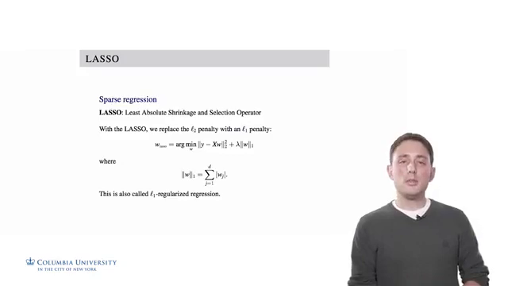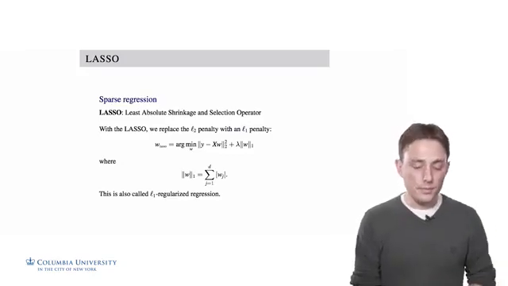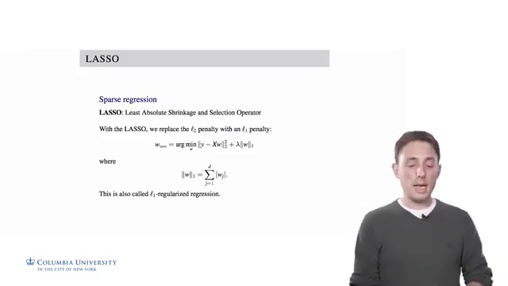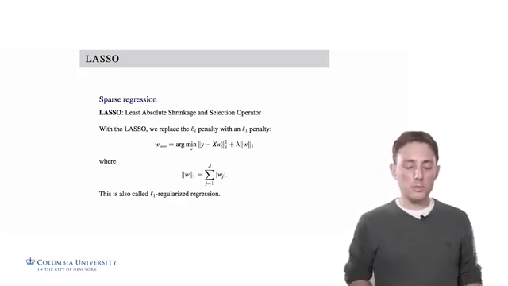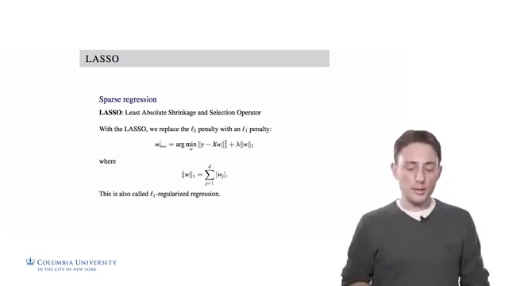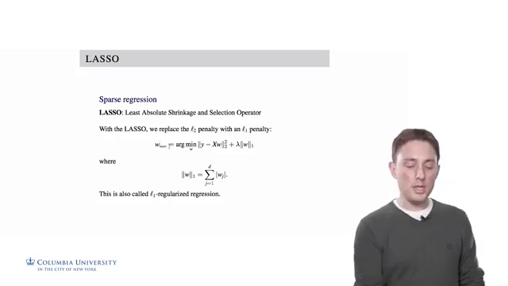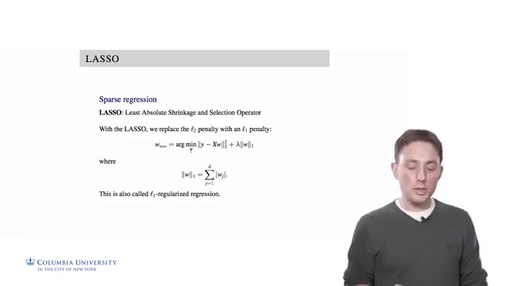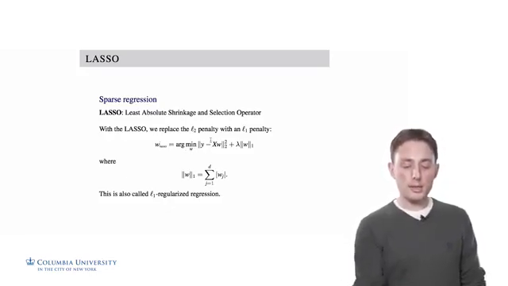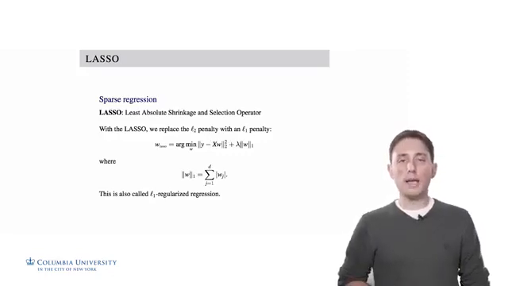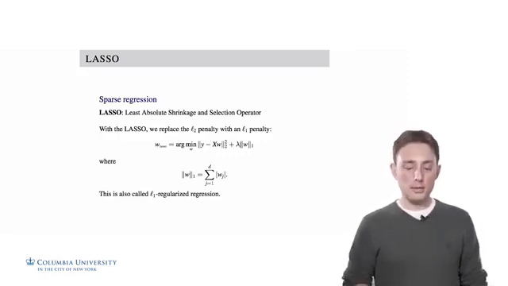Okay, so this leads us to something called the Lasso, which is short for the least absolute shrinkage and selection operator. So the Lasso takes the L2 penalty from ridge regression and replaces it with an L1 penalty. So in terms of optimization, what we're trying to do is find the vector W that minimizes the sum of squared errors as before, but now we add the L1 norm of W instead of the squared L2 norm.